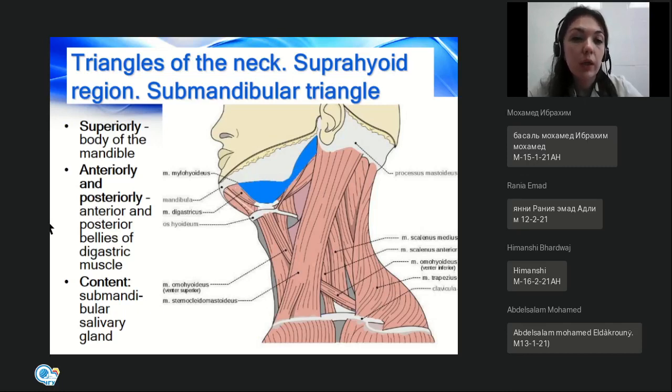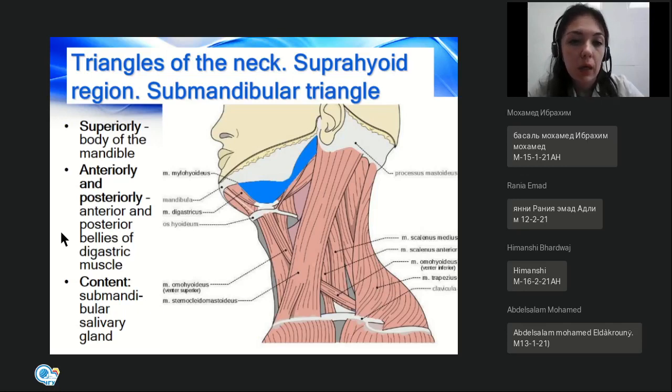Anteriorly and posteriorly, it is bounded by the anterior and posterior bellies of the digastric muscle. In this triangle, the submandibular salivary gland is located, so it is a projection of the submandibular salivary gland. If we need to remove the submandibular salivary gland, we use this triangle for surgical approach.